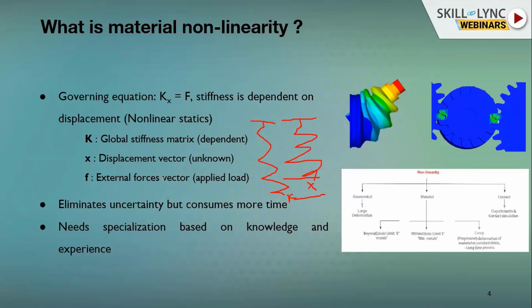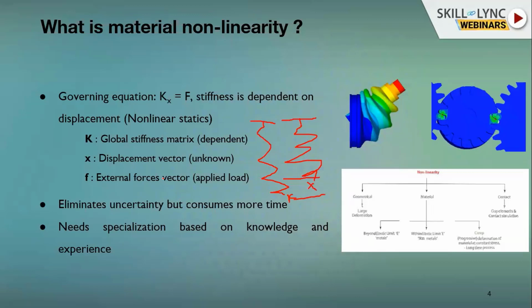So why we need a nonlinear analysis is because linear statics will not be able to capture the actual phenomenon that happens beyond the elastic limit. As we had seen in the graph, beyond the elastic limit, it is definitely not going to be linear like the blue dotted line. It's going to take its characteristic curve based on the behavior.